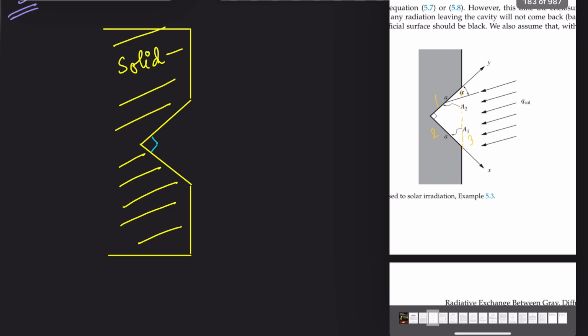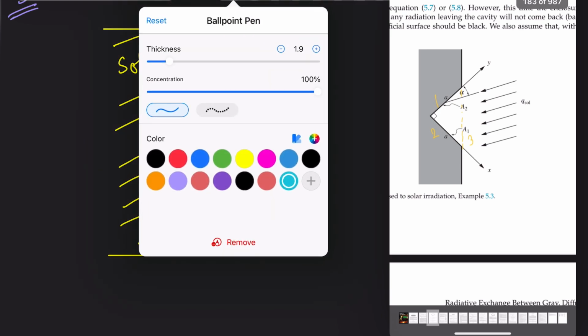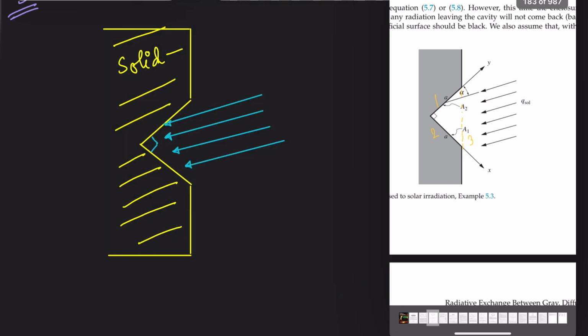This irradiation is coming something like this, and it is making an angle of alpha. If I extend this like this, then this angle is alpha, that is even in the question.